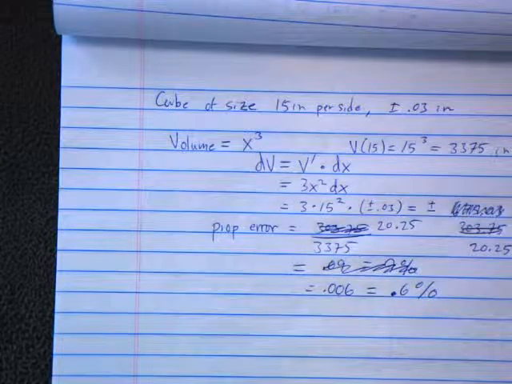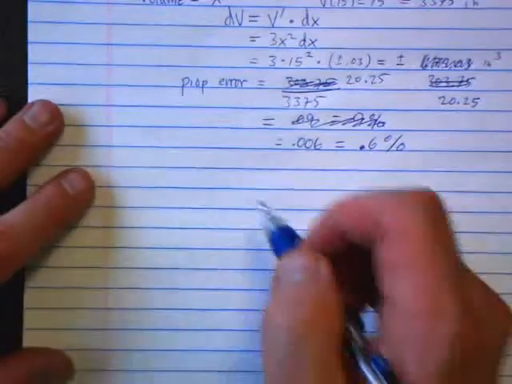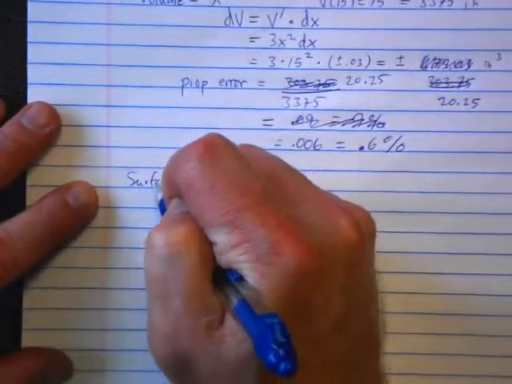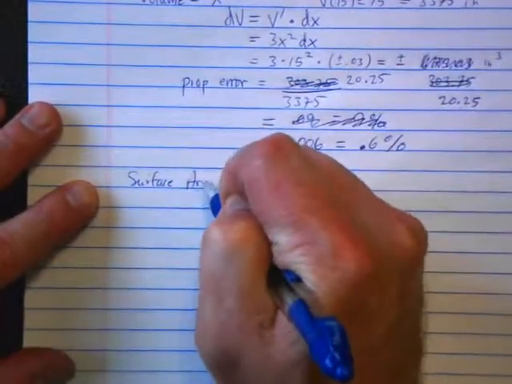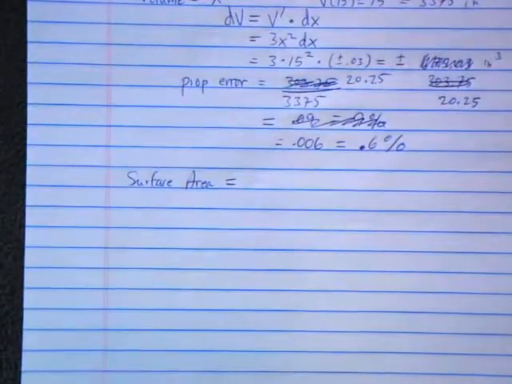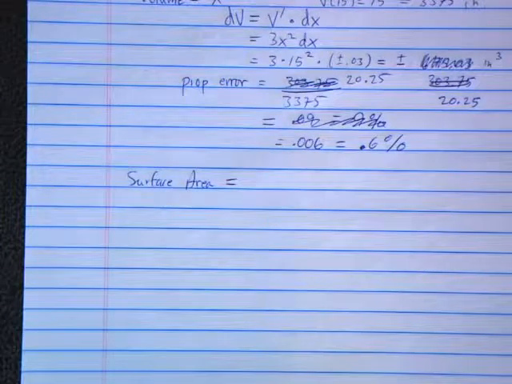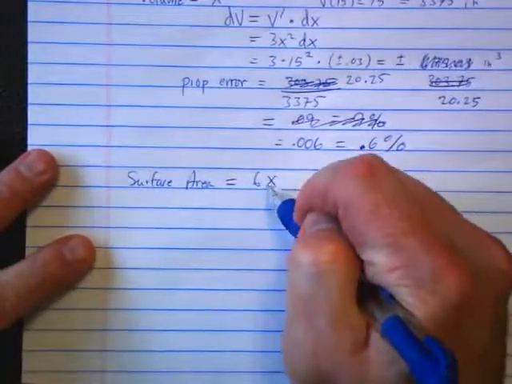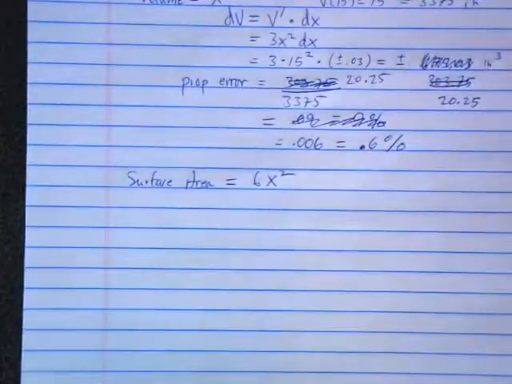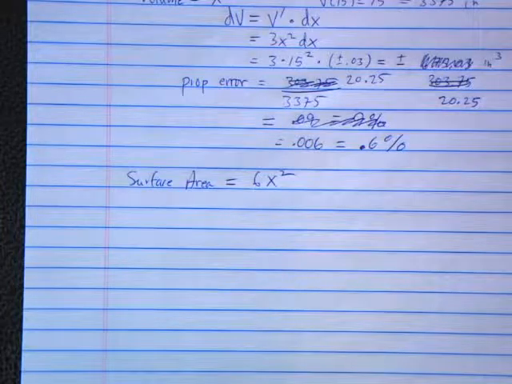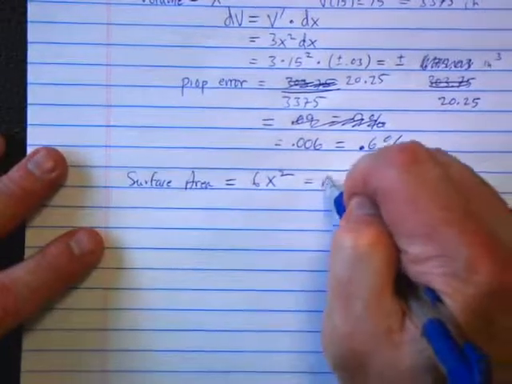All right, now let's repeat, except now I want to know the error in the surface area. How do you find surface area of a cube? 6 sides squared. 6 times the area of one of the sides, so 6x squared. I'm just going to call this A for area.